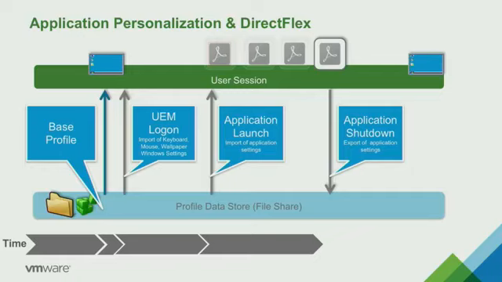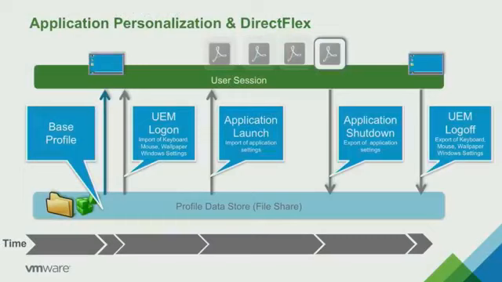When they exit from that application, in this case an Adobe application, the settings for that application are stored. So you notice all of the configuration isn't pulled down at logon, and all of it doesn't have to be written at logoff. At logoff, any unsaved configuration settings are saved.